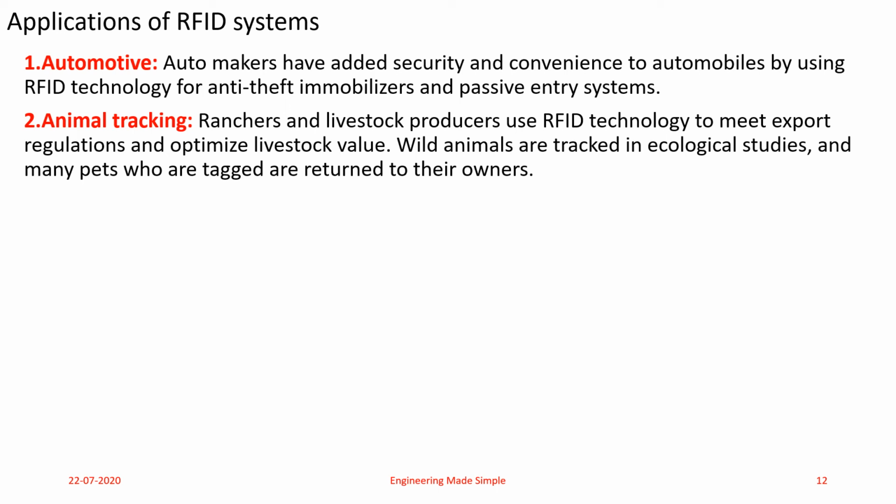And animal tracking also finds application in pet animals. When an RFID tag is attached to a particular pet animal, supposing for instance the pet gets lost somewhere, the owner can track the location of the pet using the RFID tag. In such a way, many tagged pets are returned to their owners.